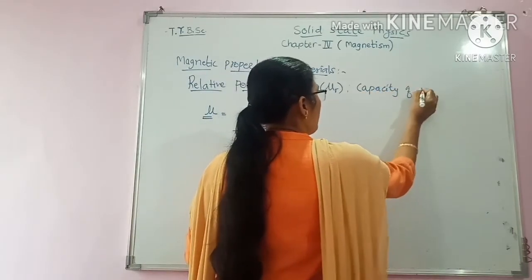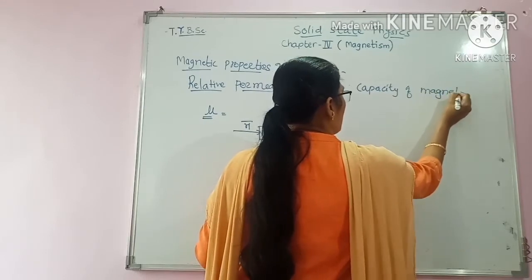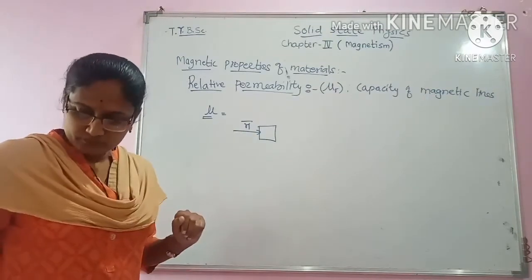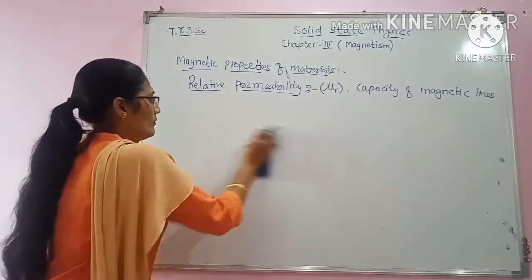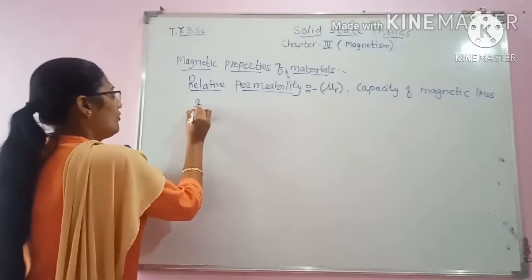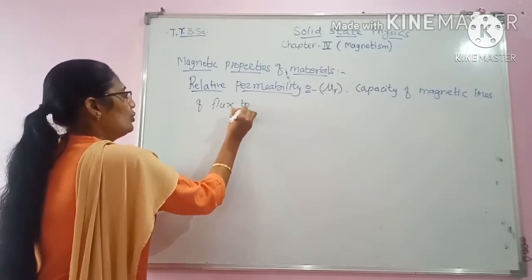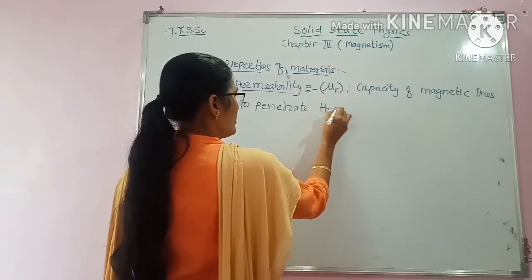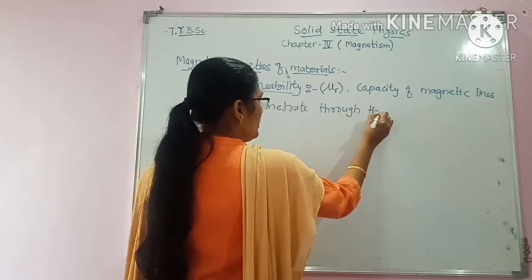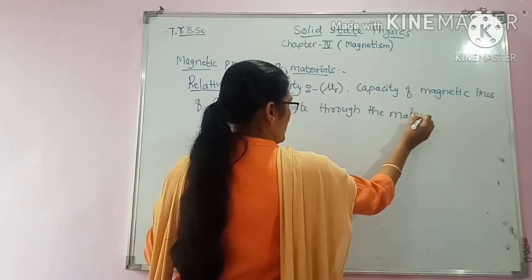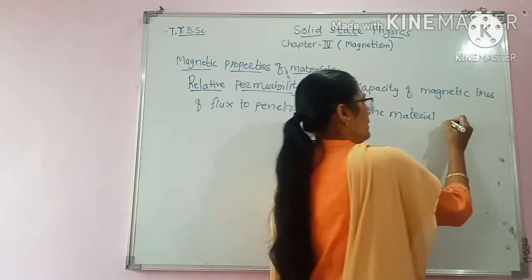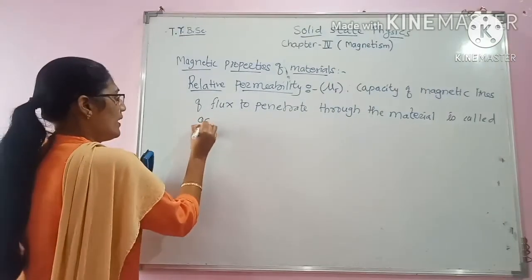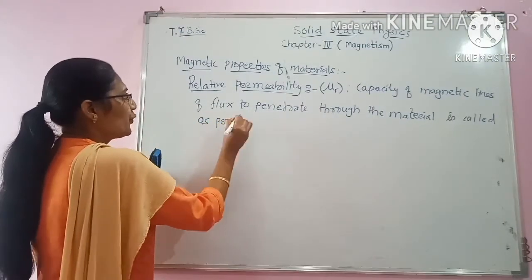Capacity of magnetic lines of flux to penetrate through the material is called permeability, not relative permeability.